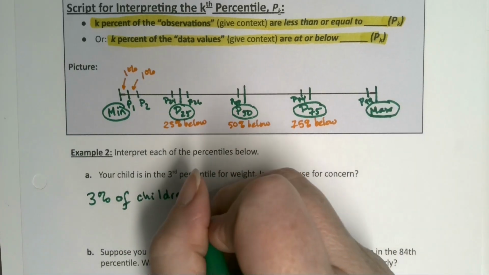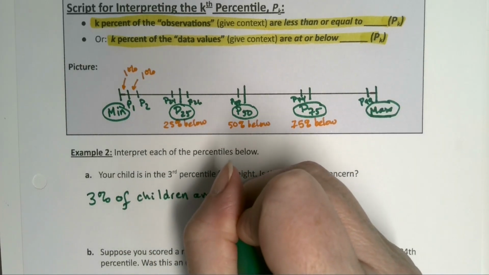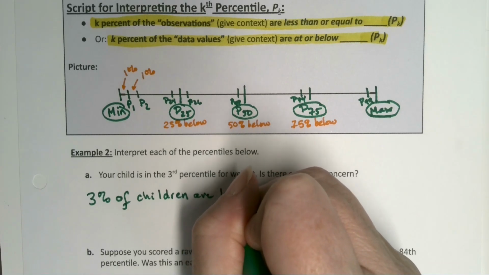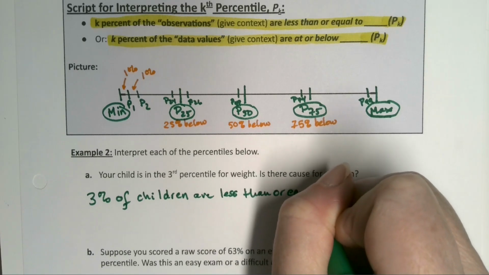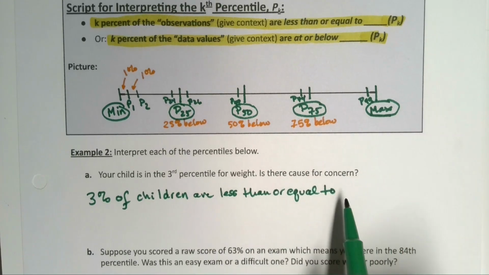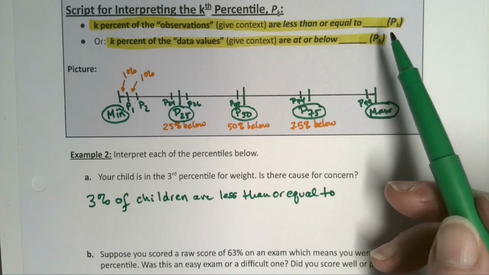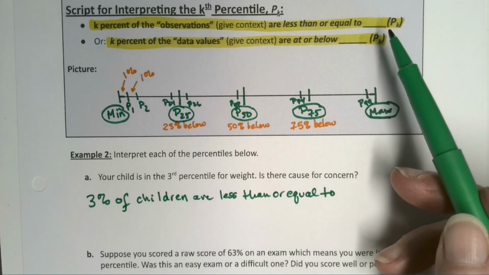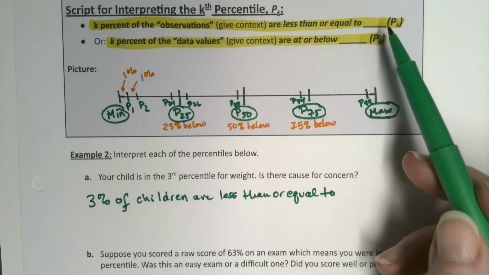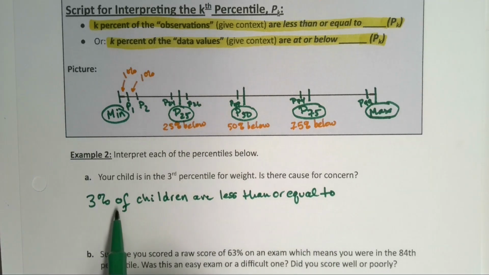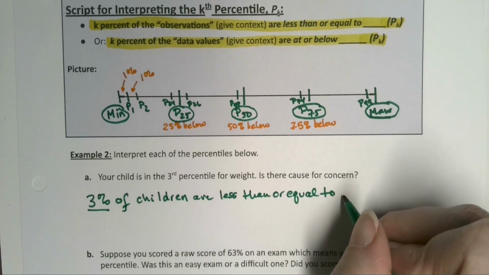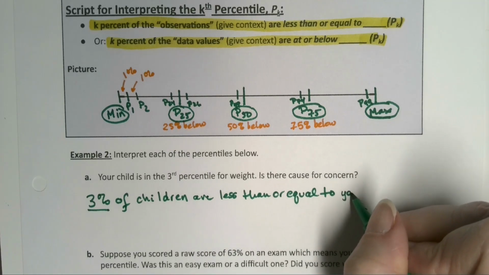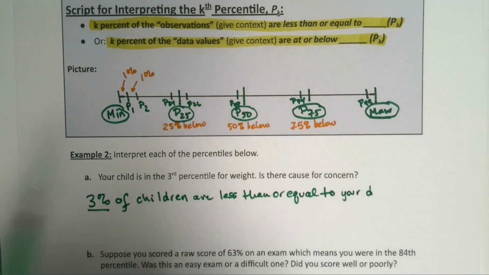Either way you want to say it. We don't actually know the value here. Sometimes they'll say what the child's weight is, so we could put the value in if we know it. But in this case, we don't know it. So we would say 3% of children are less than or equal to your child's weight.